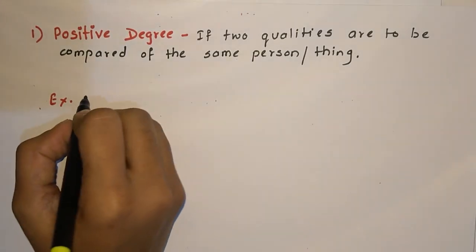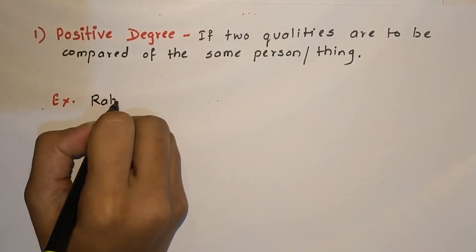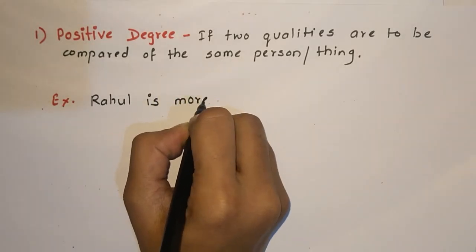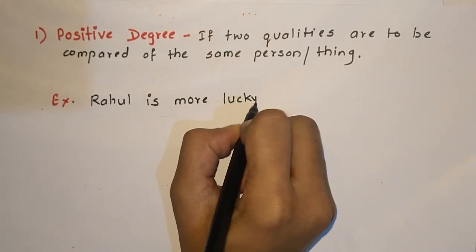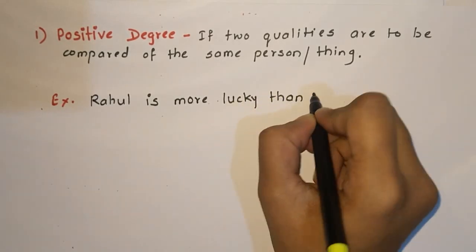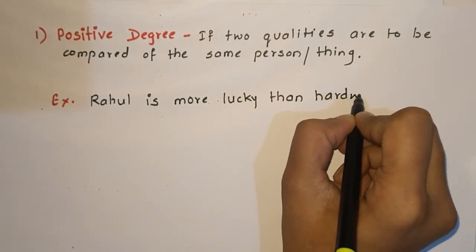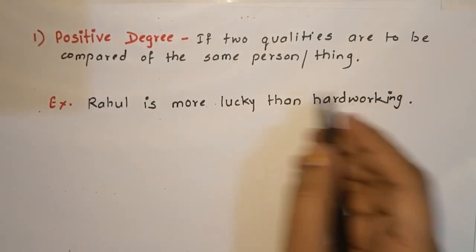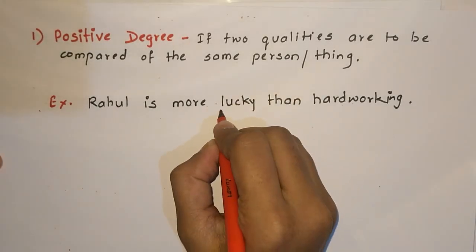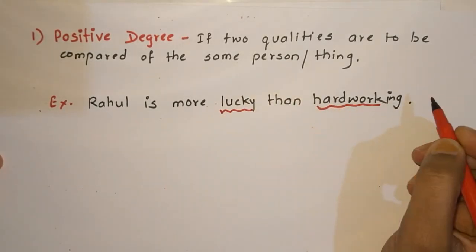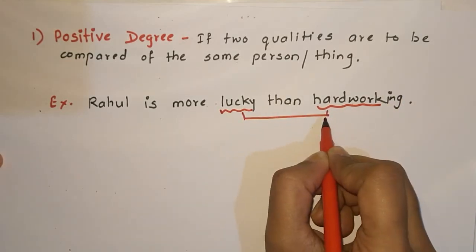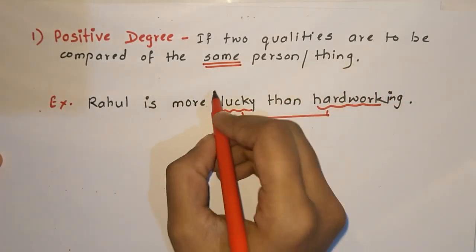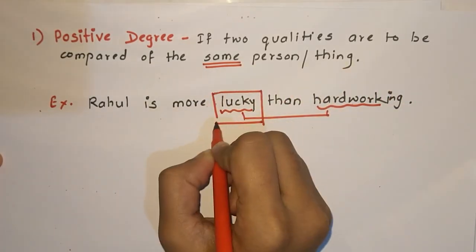Example, Rahul is more lucky than hardworking. Here there are two qualities, lucky and hardworking, and we are comparing these two qualities of the same person, and hence we used positive degree over here.